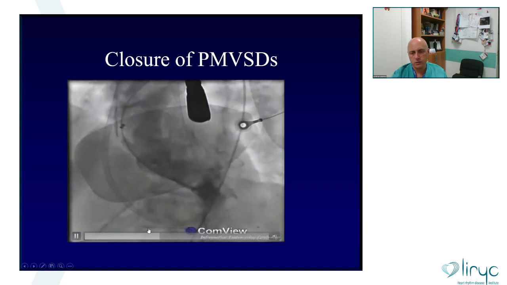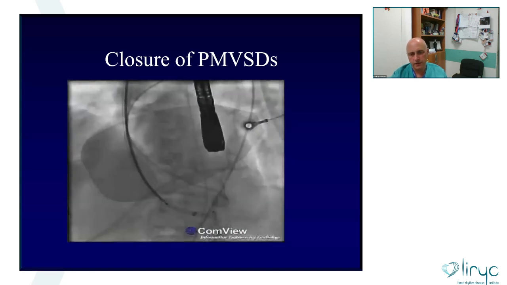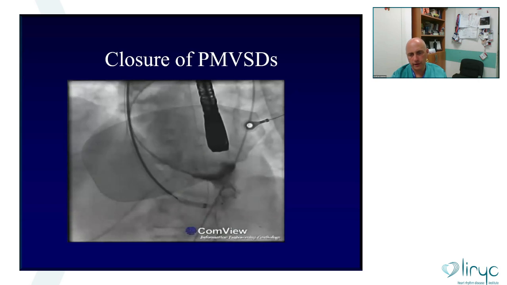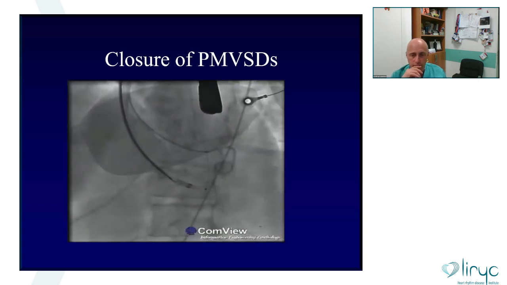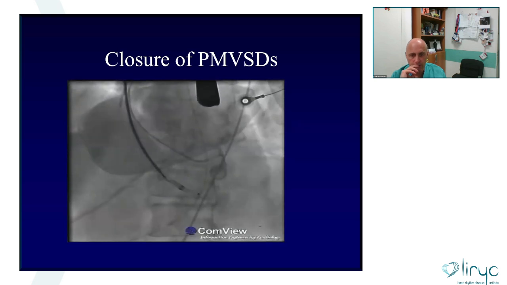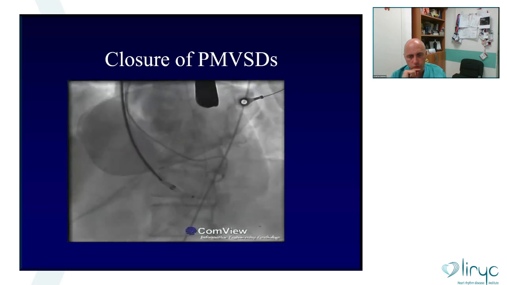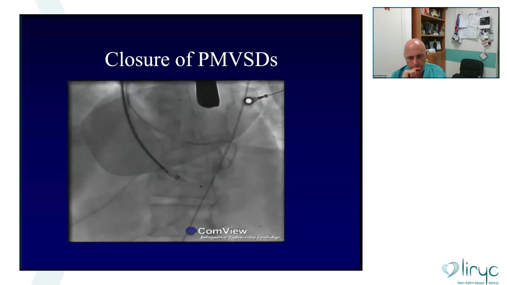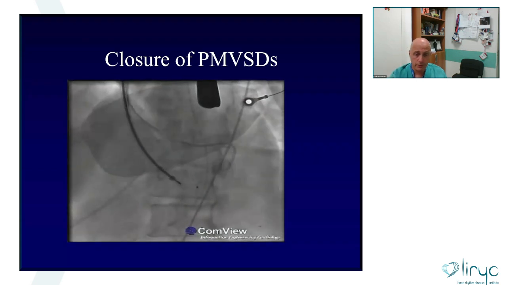We can aim to close not simply the defect, but the mouth of the aneurysm, because usually there is also an aneurysm created by the impacted tissue. So we may have to close the distal hole rather than the hole on the interventricular septum.